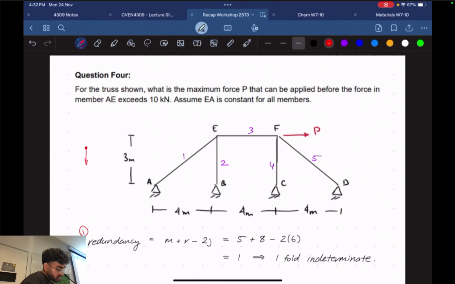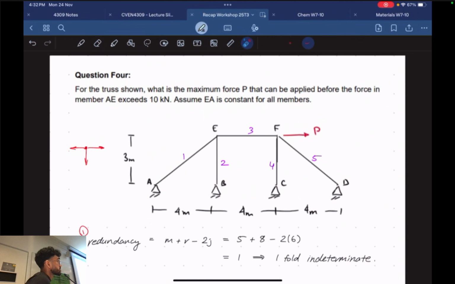But the main reason I release number 5 is when I'm drawing joint F, how many unknowns do I have? I've got 2 unknowns in the x direction, so I can't really figure it out. It's going to be pretty hard. And then I've got another unknown in the y direction. So I release this one to make it easier for me to find these unknowns.